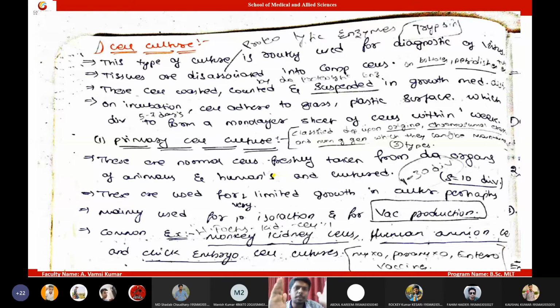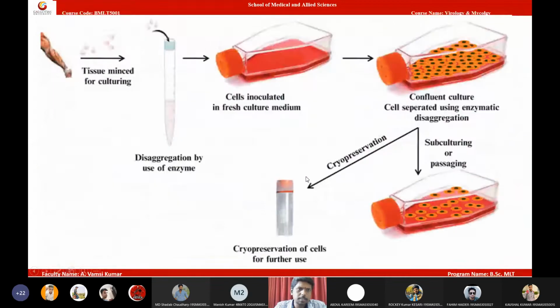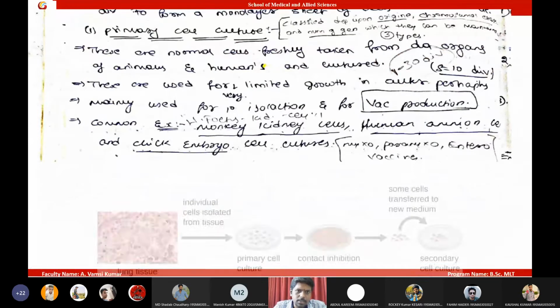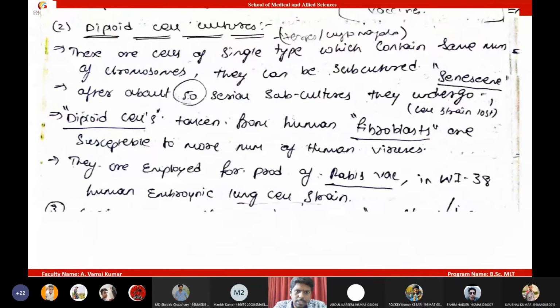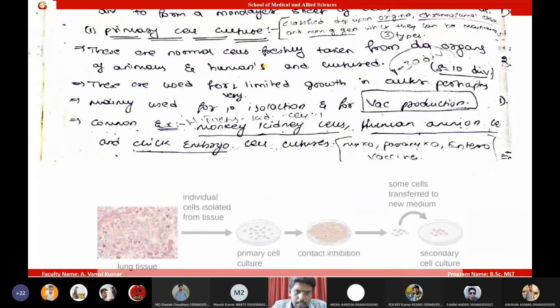This is the major problem with cells. A few examples of primary cell lines are those taken from human fetuses or kidney cell lines, monkey kidney cell lines, human amniotic cell lines, or chicken embryo cell lines. Then the second one is secondary cell lines, the diploid cell lines.